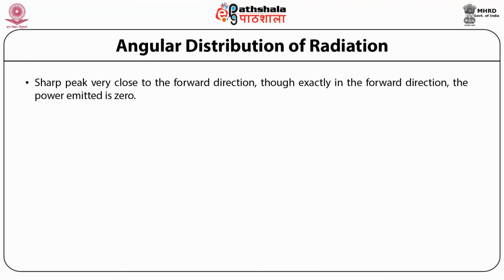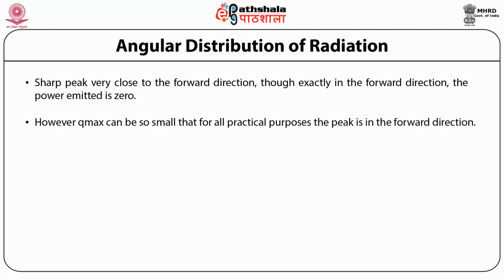Thus, there is a sharp peak very close to the forward direction, though exactly in the forward direction the power emitted is 0. However, theta max can be so small that for all practical purposes the peak is in the forward direction.